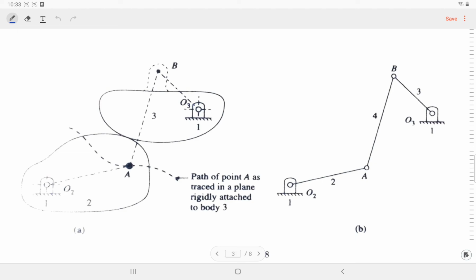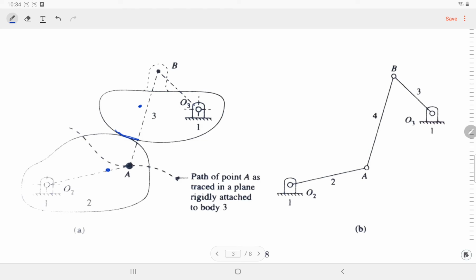For instance, if you see here, one way to construct a lower pair mechanism is by identifying a center of curvature for this one, maybe somewhere here, and then a center of curvature for this curve, maybe that will be over here.